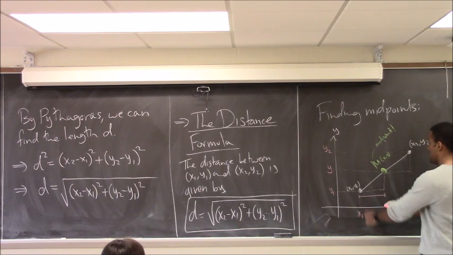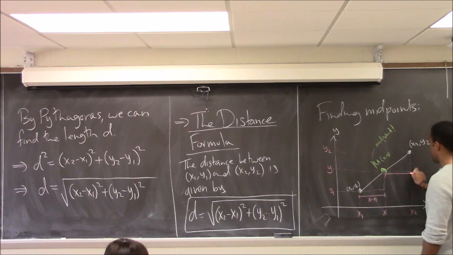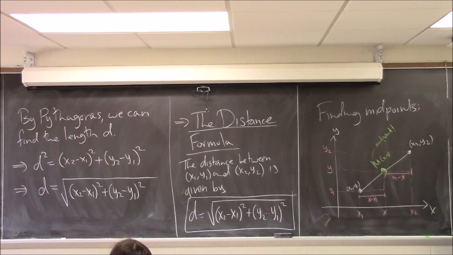So the distance between these is x minus x1. I can also measure the distance between this, that's x2 minus x. I can measure the distance between this, that's y2 minus y. And I can measure the distance between here, that's going to be y minus y1.